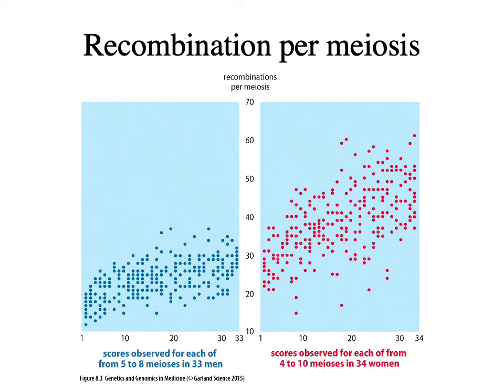In this figure, each dot represents the number of recombinations identified in an individual meiosis. Each vertical line of dots represents the scores determined in multiple meioses in a single male or female, as shown. The number of recombinants per meiosis was determined by genotyping individuals in families with 6324 SNP markers.